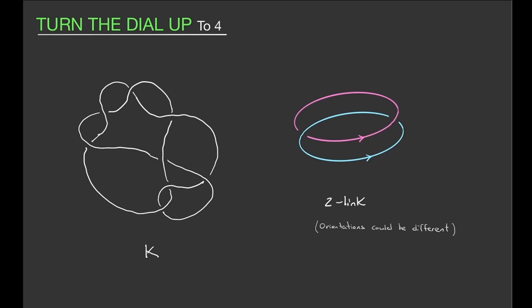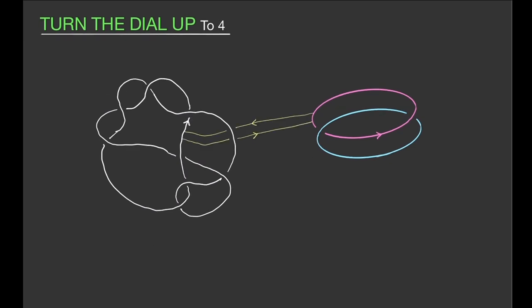Now, they're band surgeries, which is exactly the type of surgery that we have seen so far. So the only surgery that you even have to worry about is a band surgery. The oriented part just means that you have to keep the arrows flowing in the right direction. For instance, let's go ahead and add in an oriented band. If we put an orientation on the knot, and then we put in a band, which can be thought of as solid, we see that the boundary components of the band align with the direction of the knot.